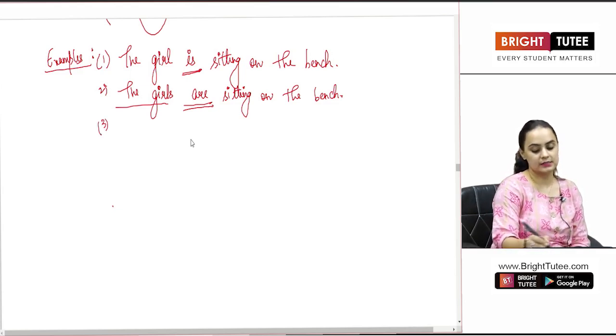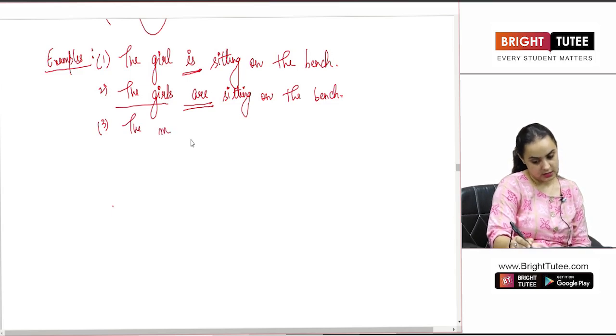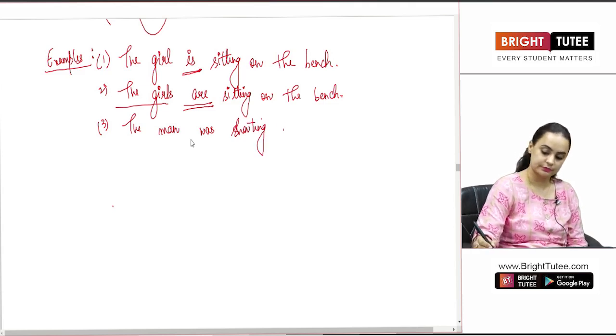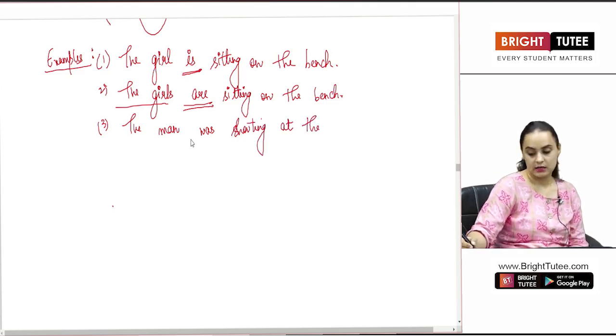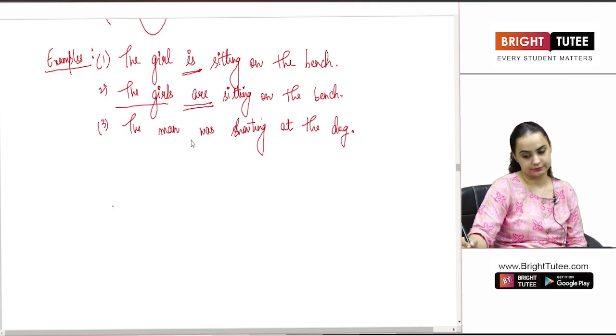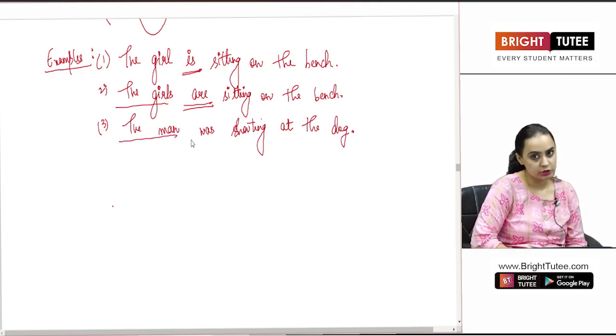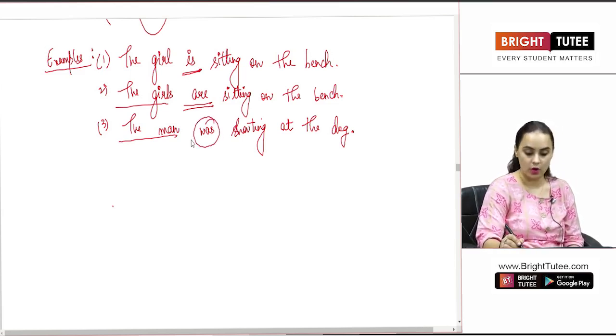Similarly, I can say the man was shouting at the dog. What is my subject? The man, which is singular. That is why I used a singular verb, which is was.